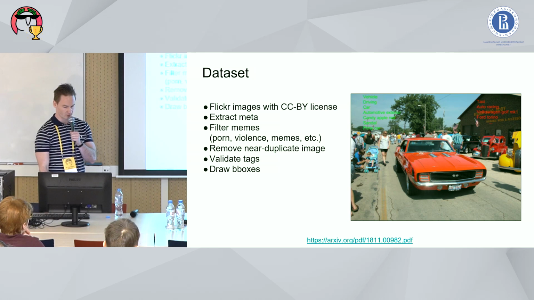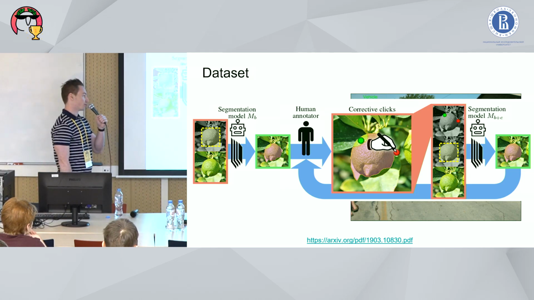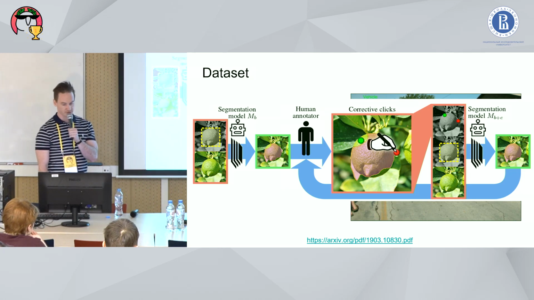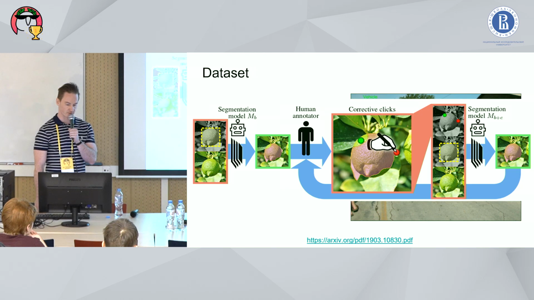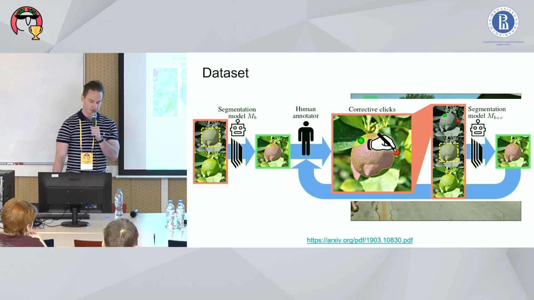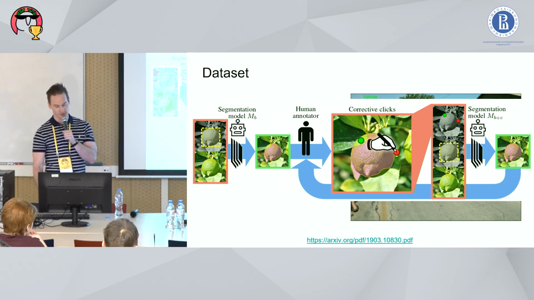So this procedure leads to bounding boxes, and then they made some kind of automatic annotation with masks. On the first stage, they trained a segmentation model to make automatic annotation of the segmentation masks. Then human annotators made some kind of interactive annotation using just clicks: a positive click for the object and a negative click for the background.